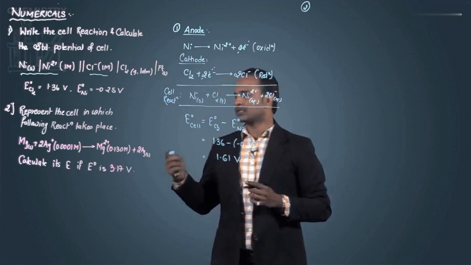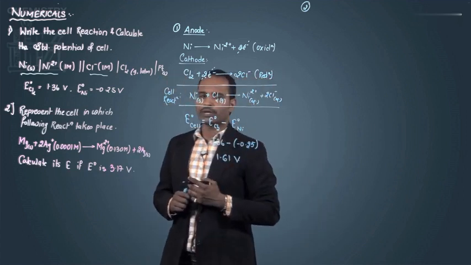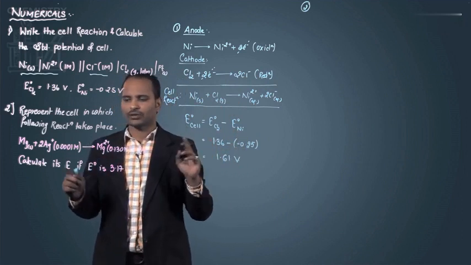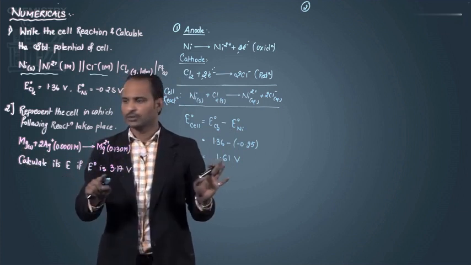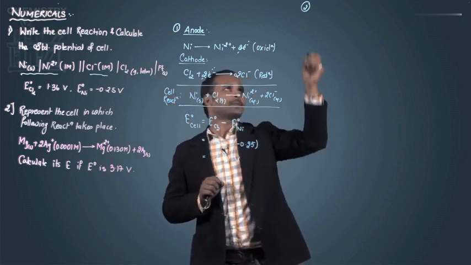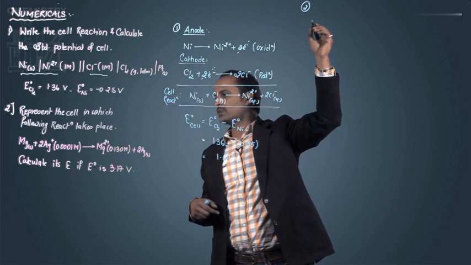For writing a representation, it is better to divide the whole reaction into two parts. While solving MCQs, there is no need of dividing. You just directly see the oxidation number, 0 to plus 2, that means oxidized, anode; reduced, cathode; and then directly use the E naught formula. But let us see everything step by step.